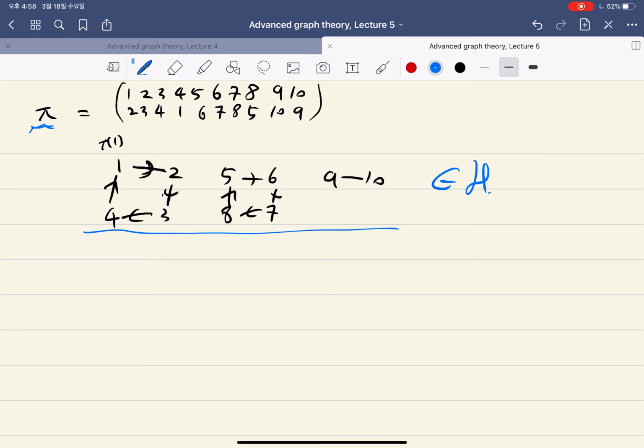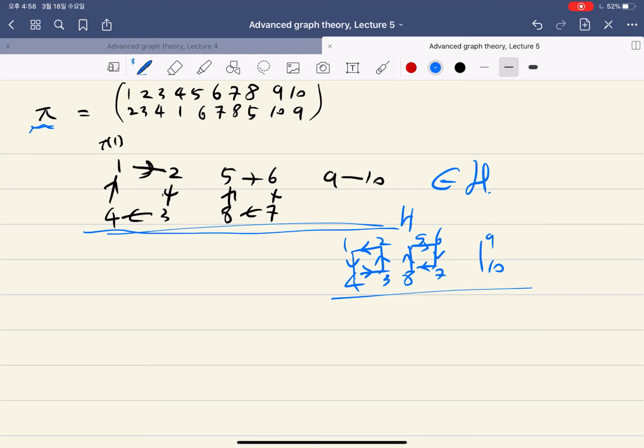And this pi is not the only one which gives you this specific graph H. If you orient one of them the other way, then this corresponds to pi which sends 1 to 4, 2 to 1, 3 to 2, while 5, 6, 7, 8 is sent in the same way.